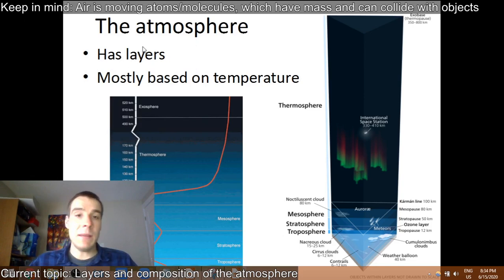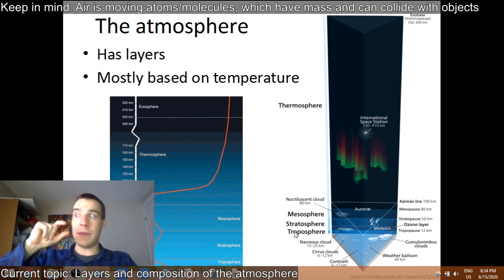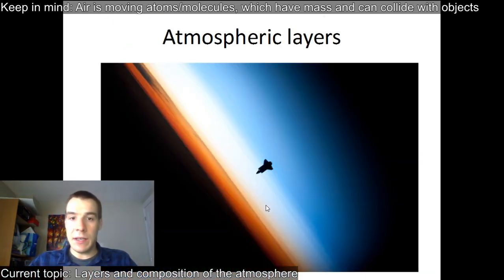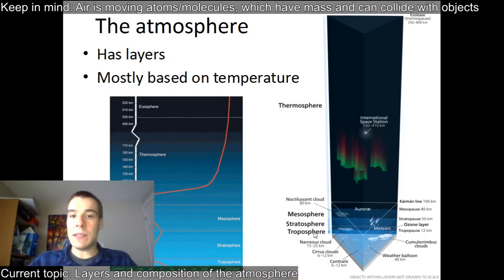This is the atmosphere. The atmosphere has layers. There are names to these layers, and the names are given here. So the lowest layer, from 0 to 10 kilometers high, is the troposphere. Above the troposphere is the stratosphere.